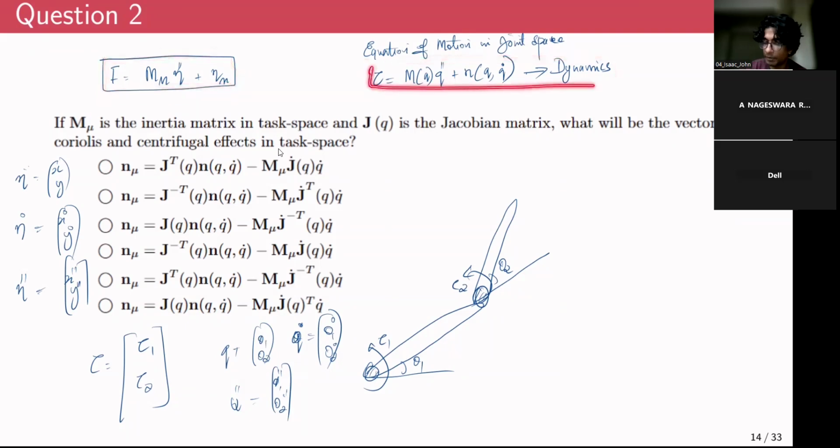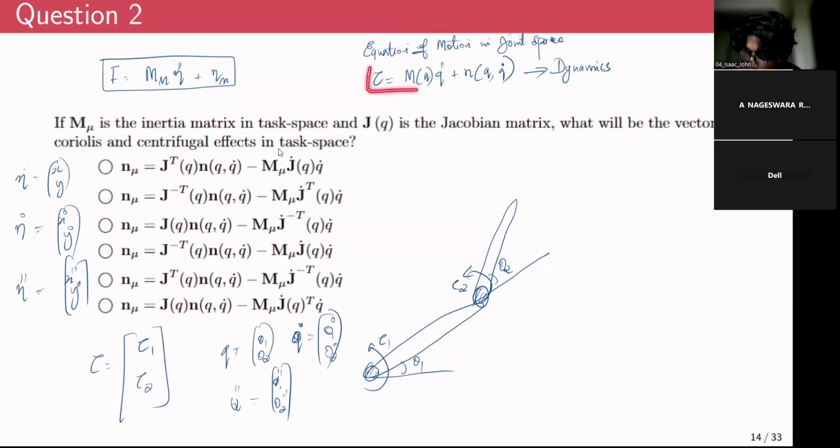But then we would start from this joint space equation and see how we can relate, or what is the relationship between this q double dot and eta double dot. What is the relationship between M of q and M of mu, and what is the relationship between N of q, q dot and N of eta in task space.